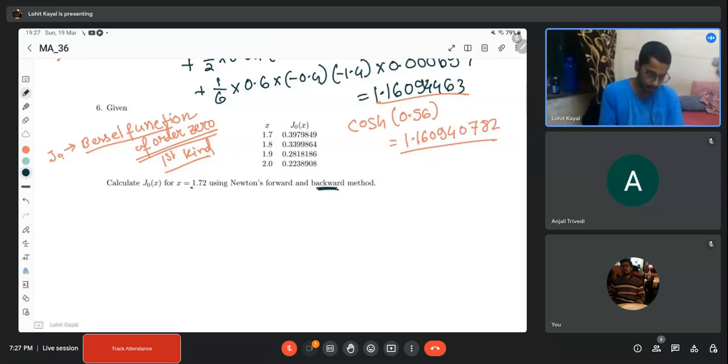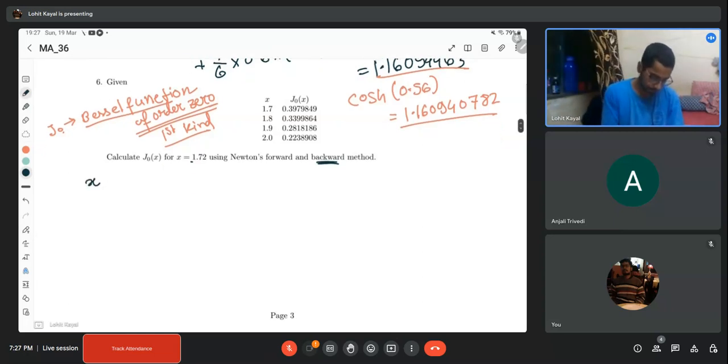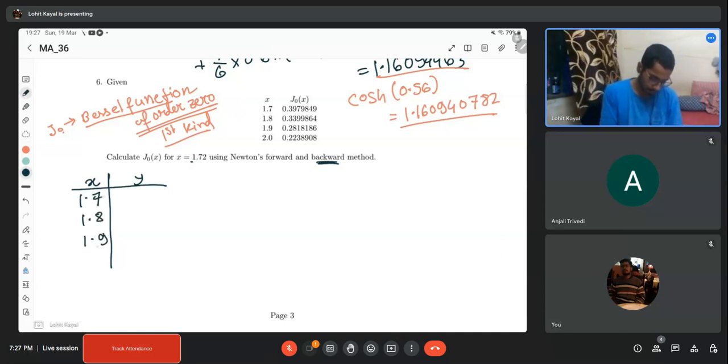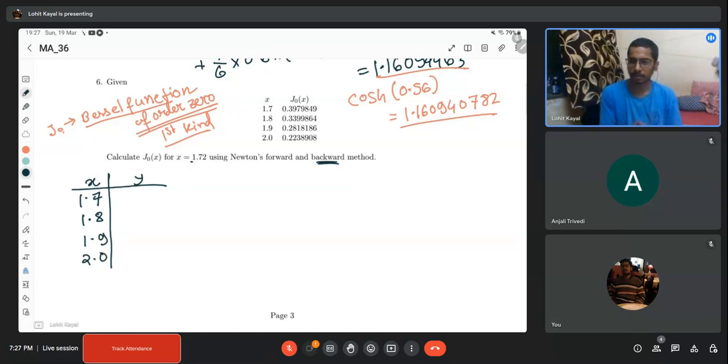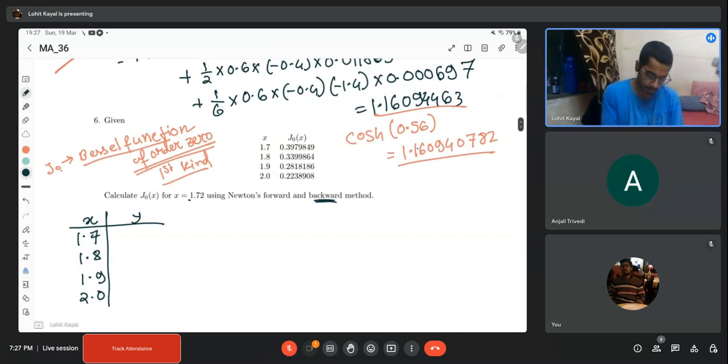Again I am writing this not at J0 but at Y: 1.7, 1.8, 1.9 and 2.0. The first thing is to calculate the value of P. I am considering this as my x naught.